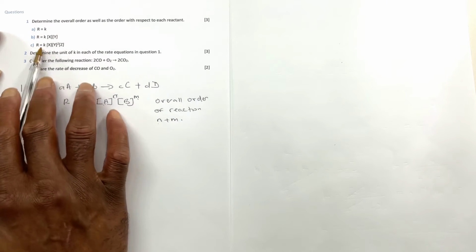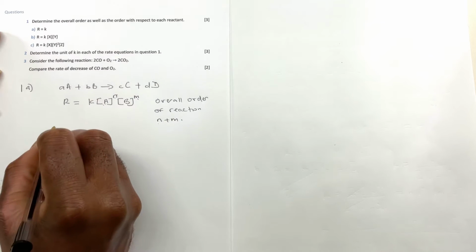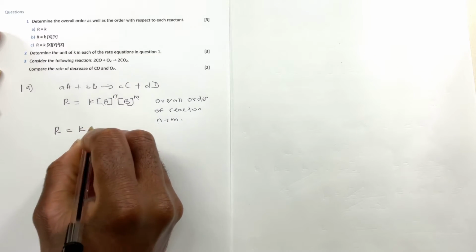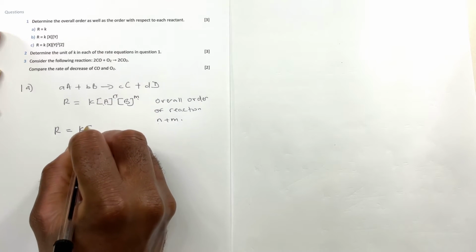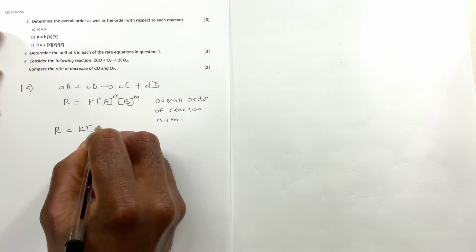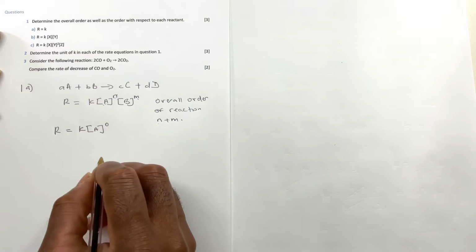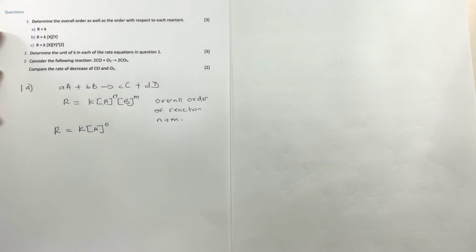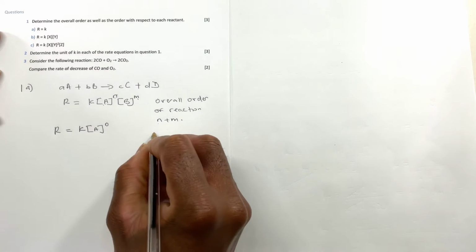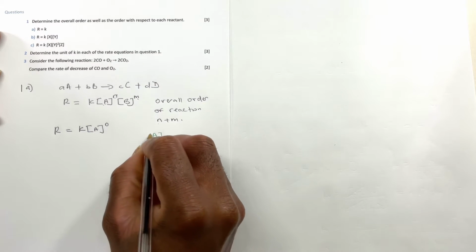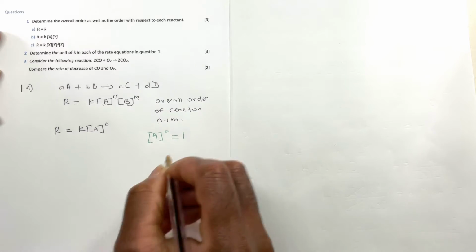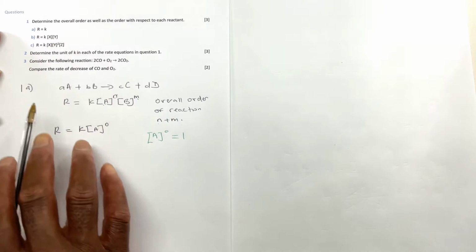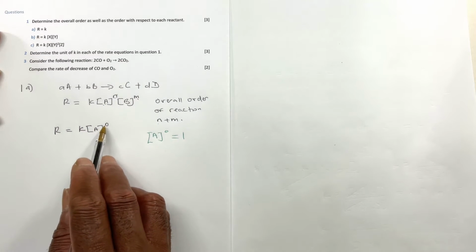And so that's what they're asking us here. With A, we've got R equals k times the concentration of A to the power of 0. Because we know that anything to the power of 0 is 1. So if we have A to the power of 0, that is 1, and that's why R equals k times 1. So there is 0 here.